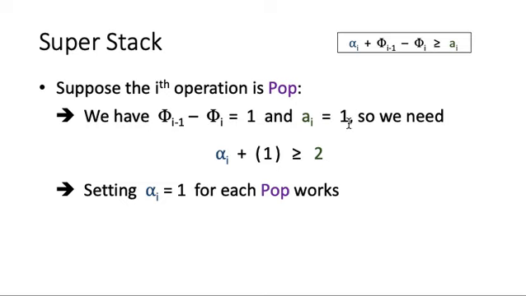It is always 1 plus the number of removed items, so it is equal to 2 in the worst case. So we will need alpha i plus this 1, whatever we get from the bank, to be greater than or equal to 2. If alpha i plus 1 is greater than or equal to 2, then we can set alpha i to be 1 so that each of these pop operations works.